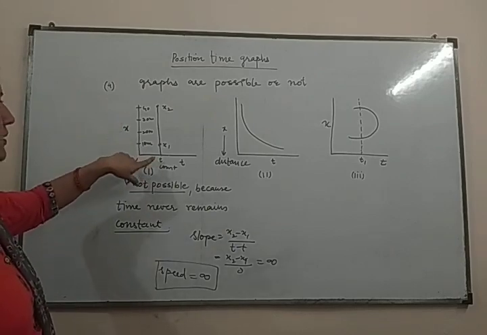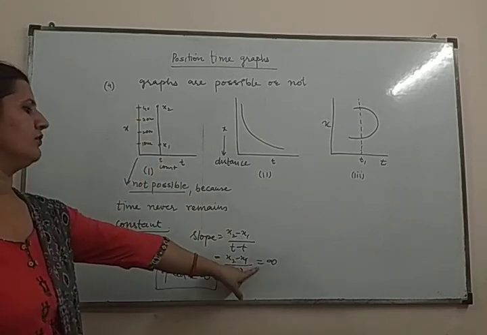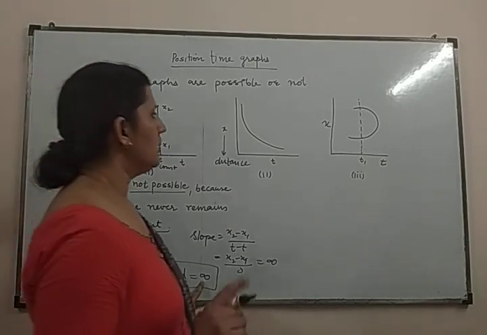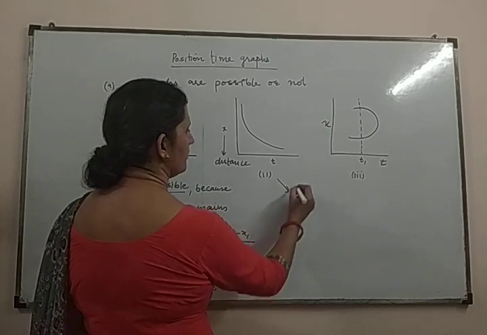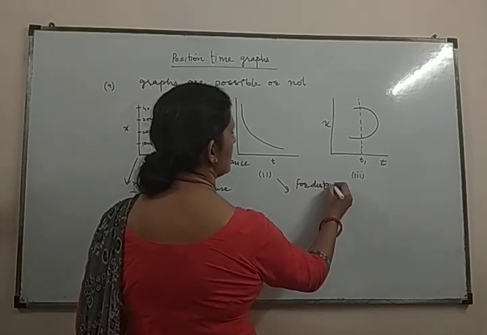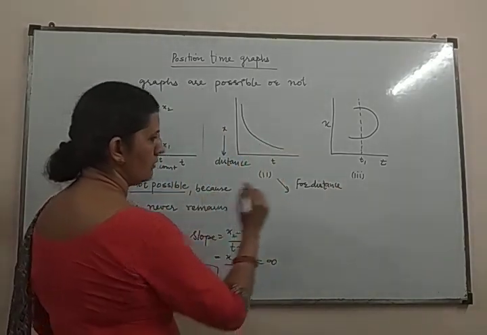Two causes: the time is never constant, and second, the slope of the graph is equal to infinity, which shows that the speed of the object is infinity, which is not possible. What about the second graph? For distance, it can never be negative, distance can never decrease, it always increases.